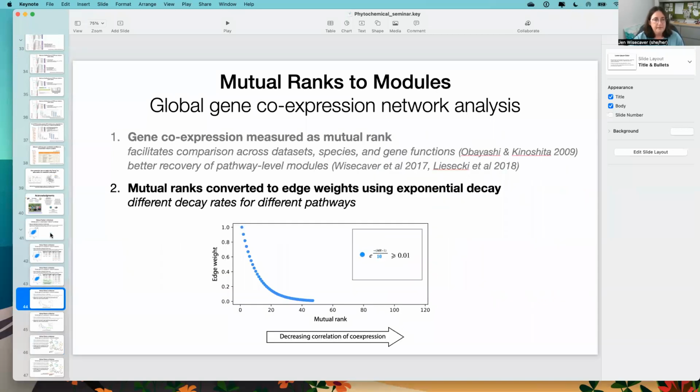There's been some work showing that when you transform a Spearman's or Pearson's correlation to mutual rank, that metric is better able to recover pathway level modules. So that's another thing that I like about the mutual rank metric versus, I believe WGCNA mostly uses Pearson's, correct? Other people are more familiar with it, but those are a few things that we do differently.